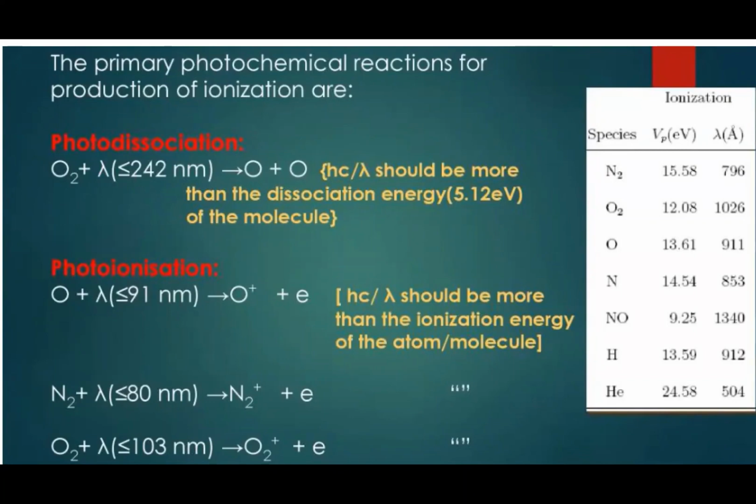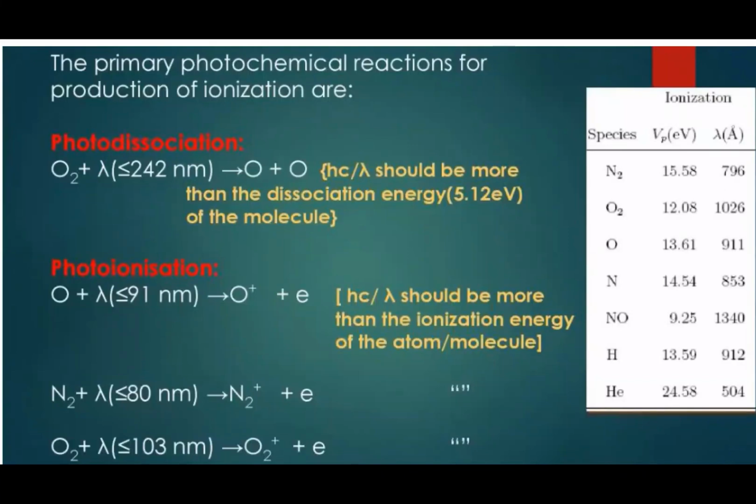The table here shows the ionization potential or the corresponding wavelength required. If you look at atomic oxygen, its ionization potential is 13.61 electron volts, or the corresponding wavelength which decides this limit is 911 angstrom units, which is equal to 91.1 nanometers. So that is why this limit comes here.